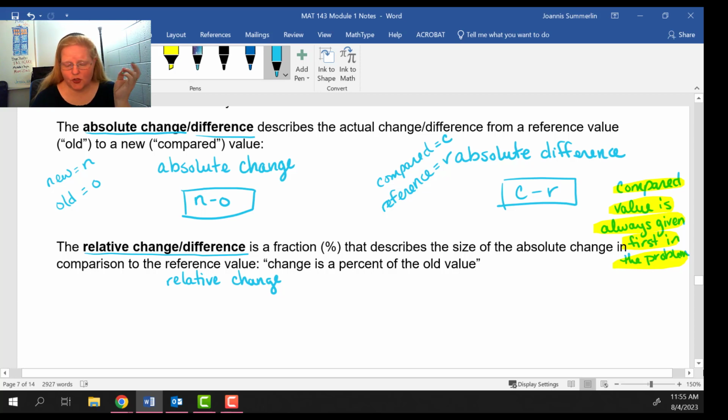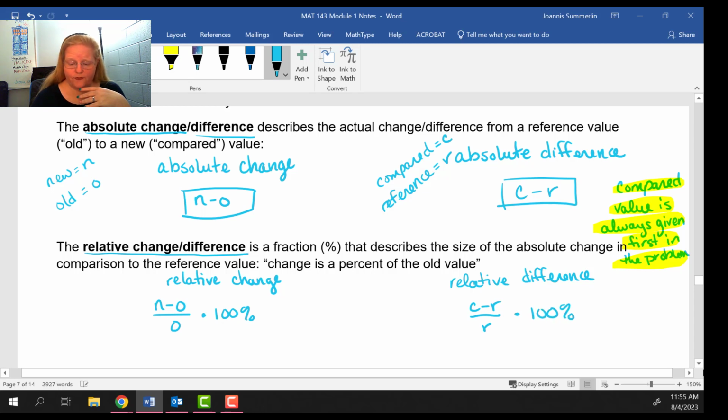It's going to be a percentage. So the formula is N minus O divided by O times the 100%, so you can get that percentage. And this one is C minus R divided by R times the 100%. They're very similar formulas. That's why we teach these together.